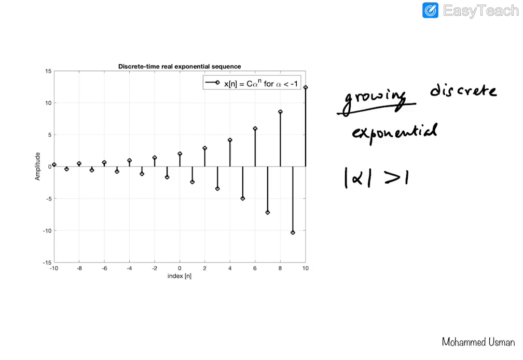So the magnitude of alpha is greater than 1. So that's another way of saying that when alpha is either greater than +1 or less than -1, we get a growing exponential sequence.